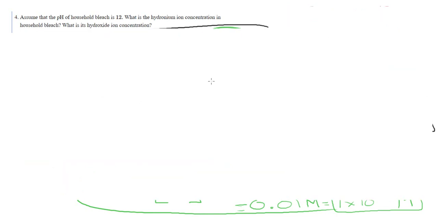Alright, now I'm going to show you how I do this, tricks of the trade. If I know that the pH is equal to 12, that means that the pOH is equal to 2, because pH plus pOH equals 14.